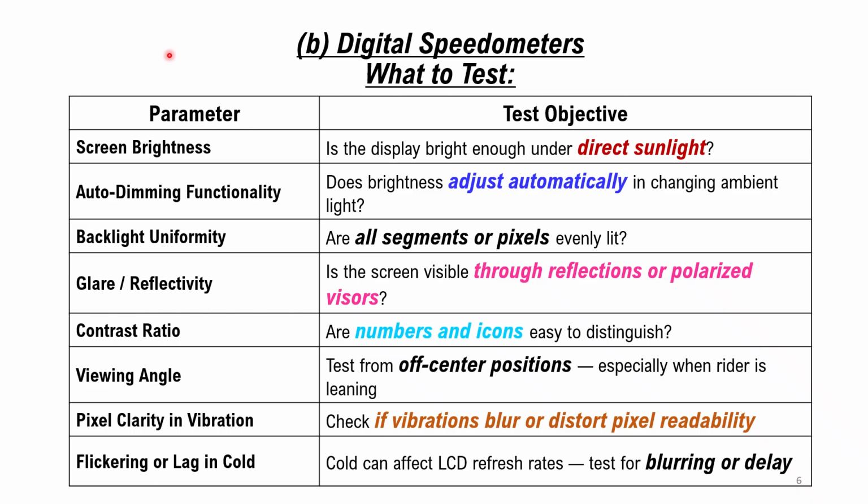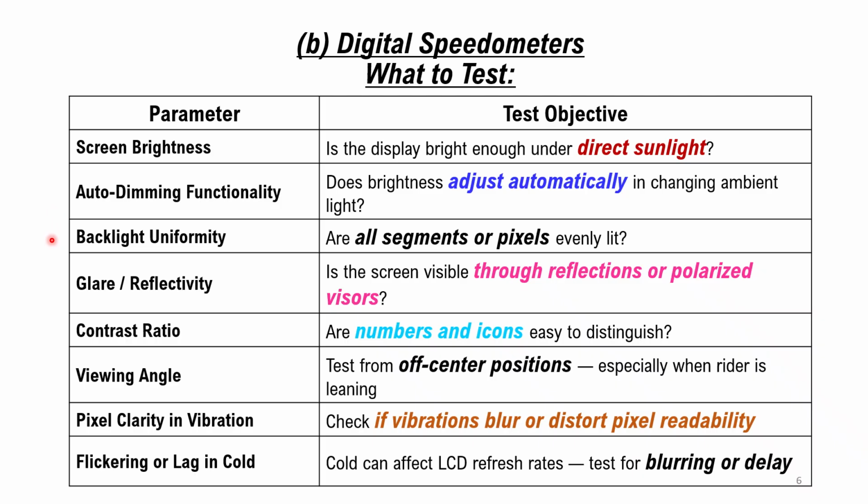Regarding digital speedometers, what to test? Here we shall be testing number one, screen brightness. That is, is the display bright enough under direct sunlight? Number two, auto dimming functionality. That is, does brightness adjust automatically in changing ambient light conditions?